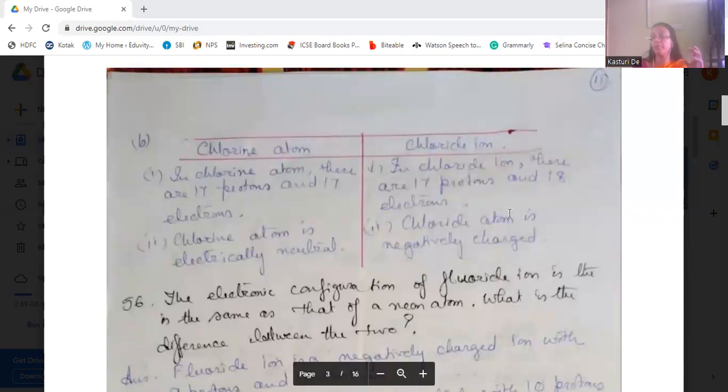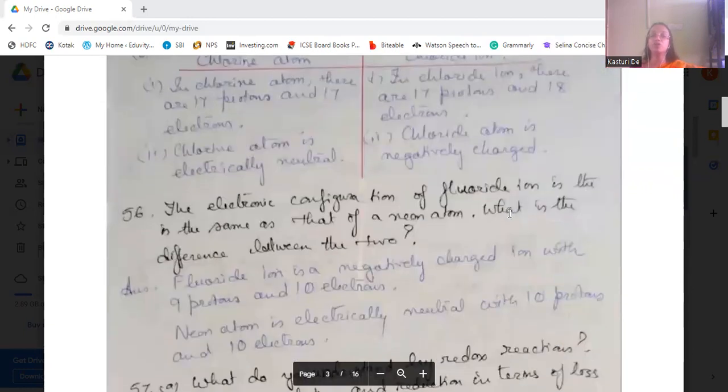But in the case of chloride ion, it has 17 protons and 18 electrons because it's gaining one electron to form its octet. So for forming its octet, it will gain one electron to form a negatively charged ion. Why? Because it's gaining electrons.